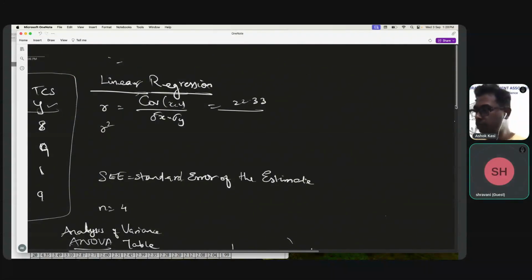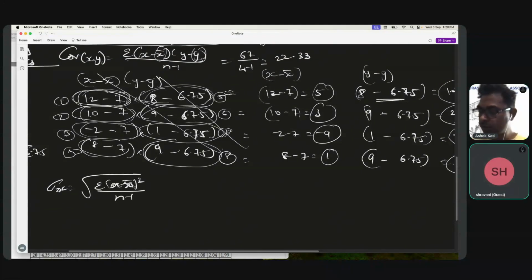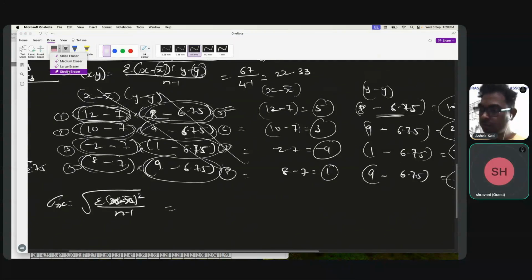Standard deviation of x. So standard deviation of x is the root of summation of x minus x bar the whole square divided by n minus 1. So I know x minus x bar already.